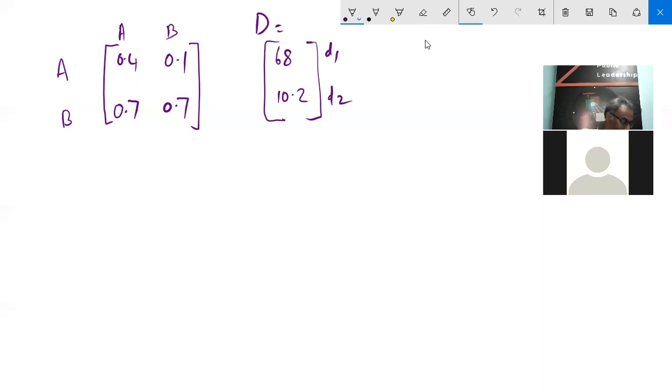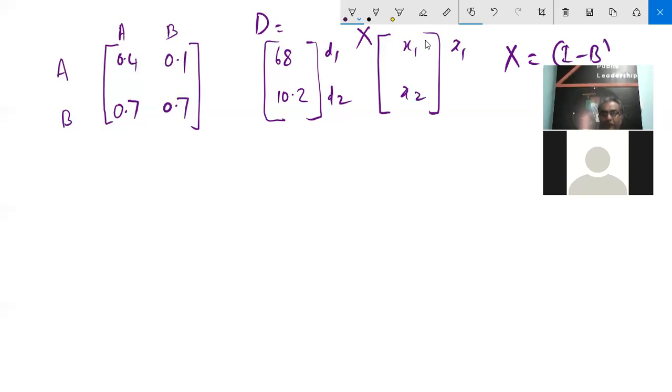Find the gross production of both of them. That means find X1 and X2. Find the X matrix. What is the X matrix? X matrix is equal to (I minus B) inverse into D matrix. So we have to do this now. That's the problem. So let us start.